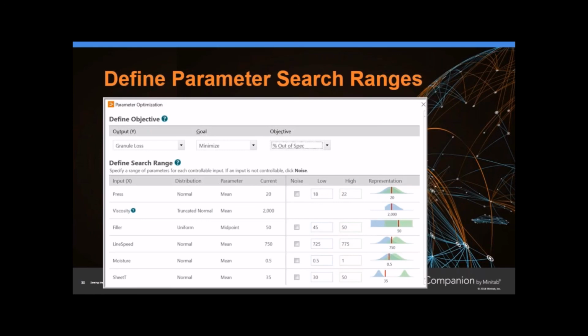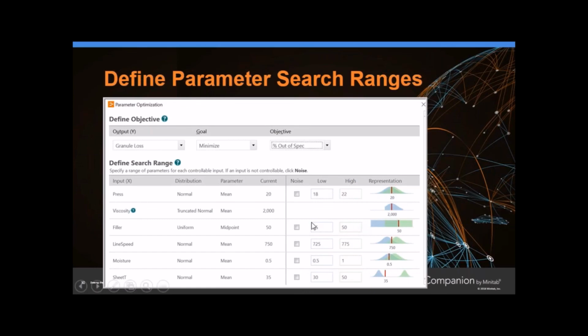We can use some tools to help identify these distributions and see what distribution makes sense. For press, we're assuming a normal distribution with a mean of 20. In this parameter optimization, I'm going to say, go ahead and search around: what if the mean was as low as 18, or as high as 22? See what that would look like in terms of how it affects my response for granule loss.